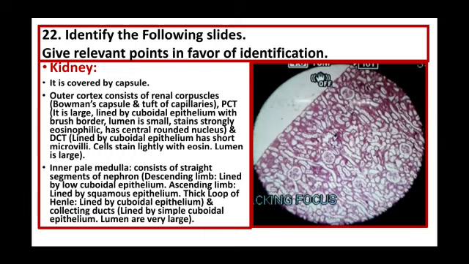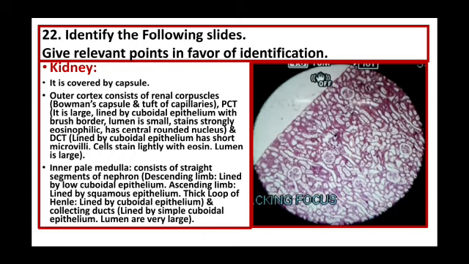The given slide is that of a kidney. It is covered by a capsule. It contains an outer cortex and an inner medulla. The cortex consists of renal corpuscles, which comprise the Bowman's capsule and tuft of capillaries.